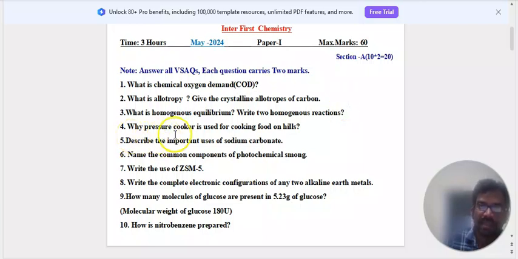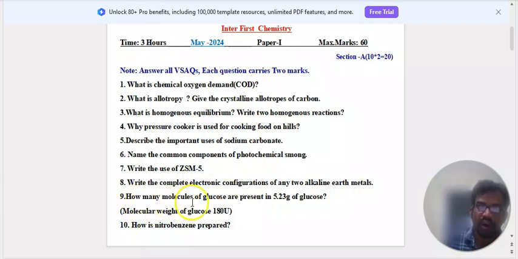Fourth one is why a pressure cooker is used for cooking food on hills, and fifth one is describe the important uses of sodium carbonate, and sixth one is name the common components of photochemical smog, and seventh one is write the uses of ZSM-5, and eighth question is write the complete electronic configuration of any two alkaline earth metals.